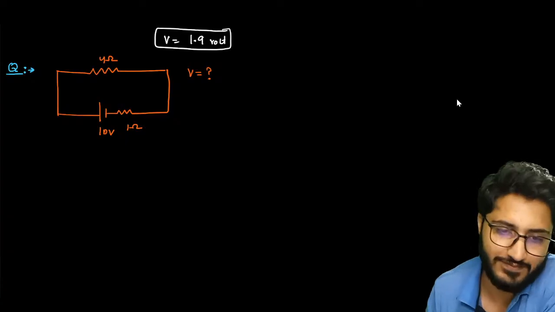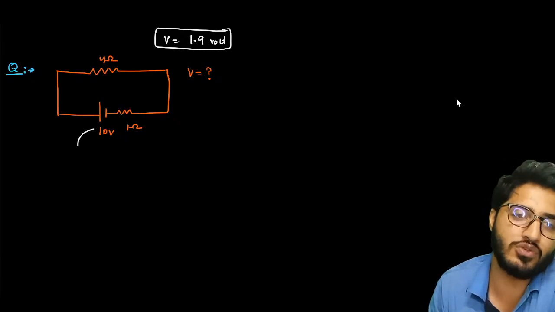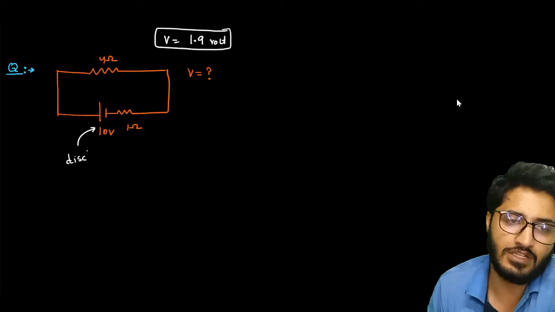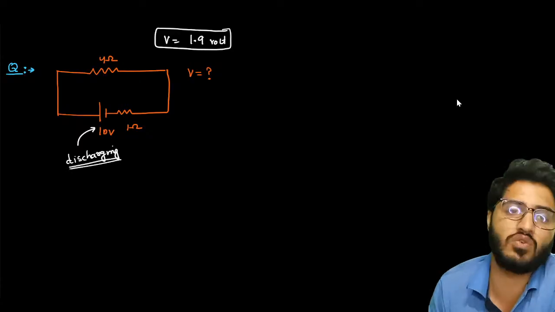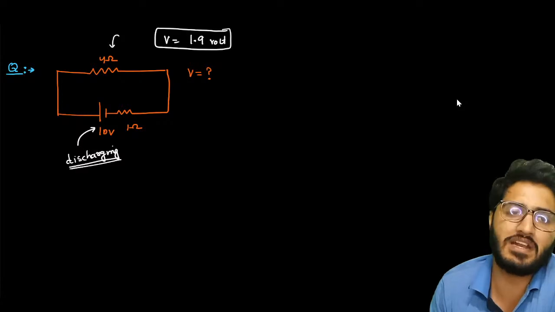Clearly you can see now there is only one potential source, this one. So obviously this one is a discharging case. Why? If it is a charging case, there should be one more battery, right? If there is no battery, it is a discharging case.